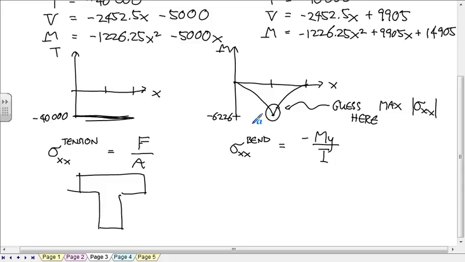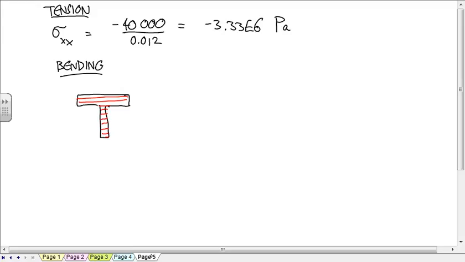So is the beam at that point bending up or down? Down, right? And so where are we going to get tension due to this bending moment, and where are we going to get compression? Yep.